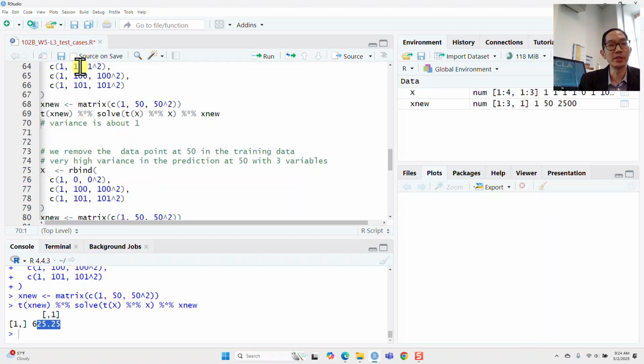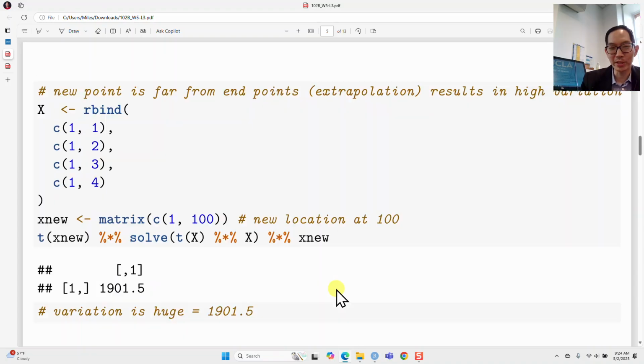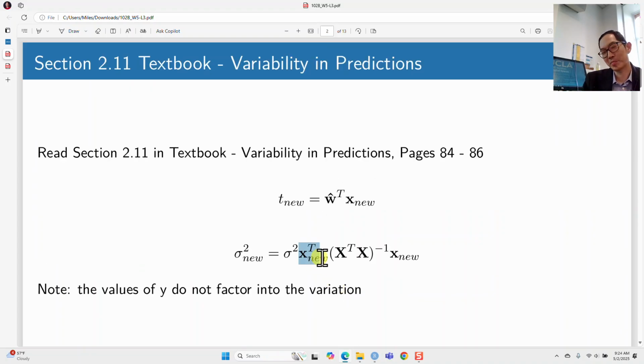So, yeah, the amount of variance we get in our predictions depends on what observations came in our training data, in our X, and that's part of this X transpose X inverse, and where our new observation is going to be, our X new.